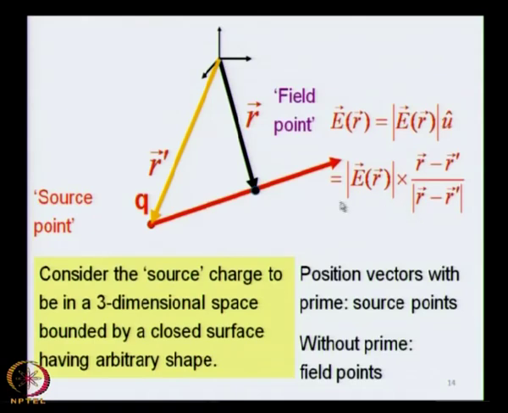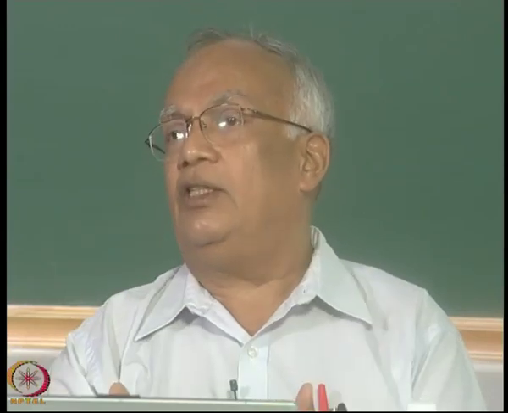and what we now do is we consider this source charge to be in a 3-dimensional space bound by a closed surface of an arbitrary shape. Now, this is a completely mathematical idea. This charge q we consider to reside in a 3-dimensional space, and in this space we consider a surface around this charge.